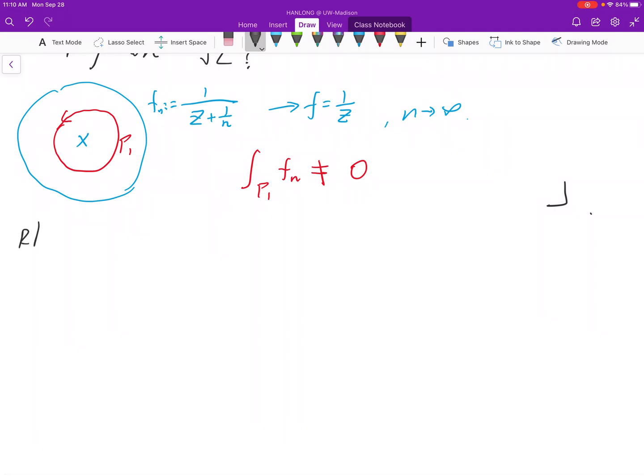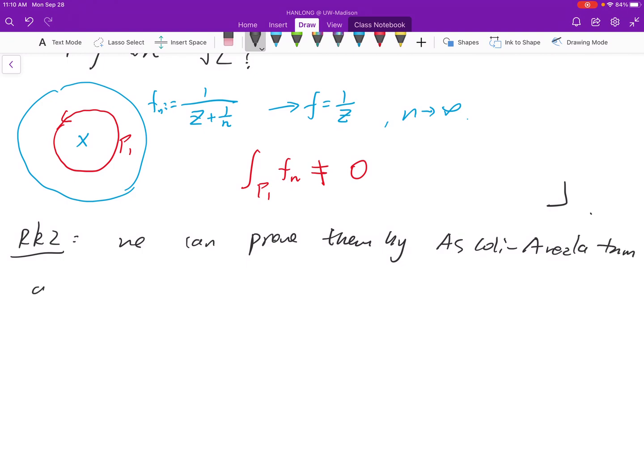Remark 2. We can prove the above theorem by the Ascoli-Arzela theorem as well.